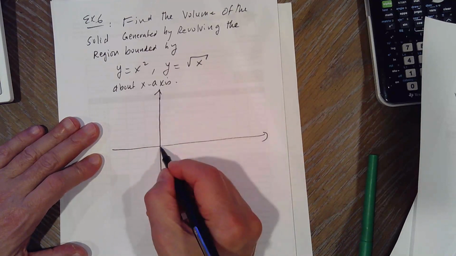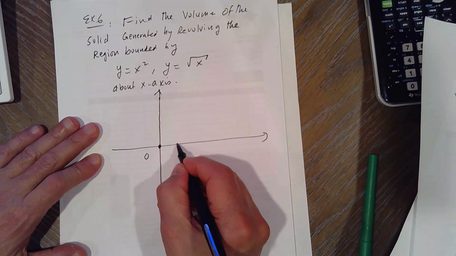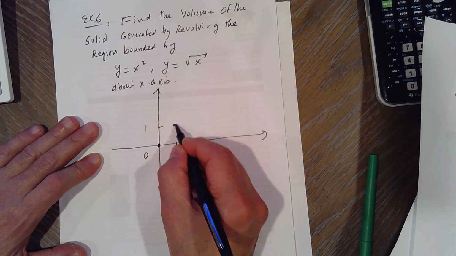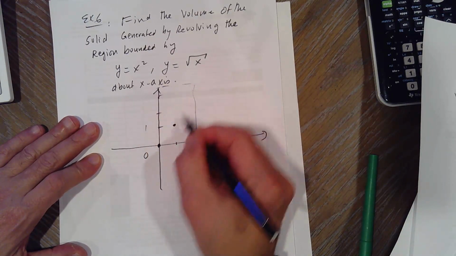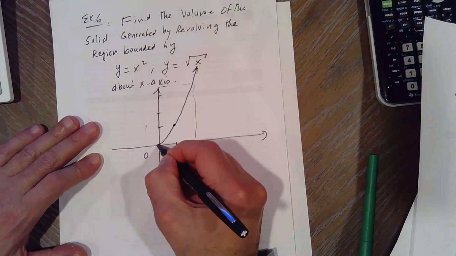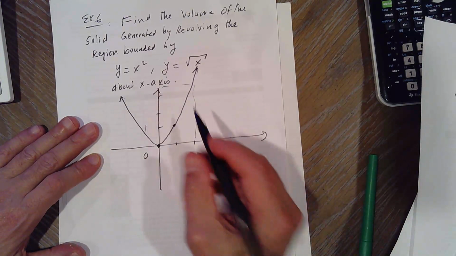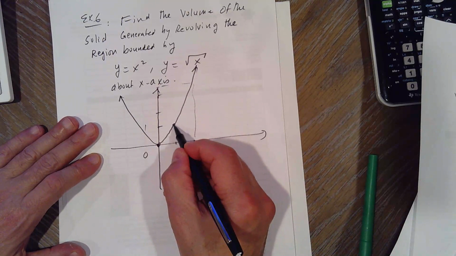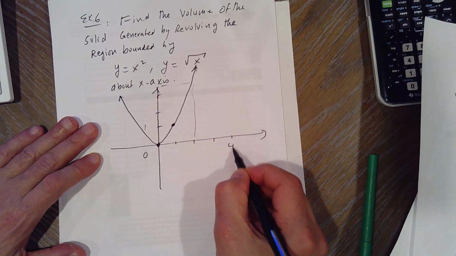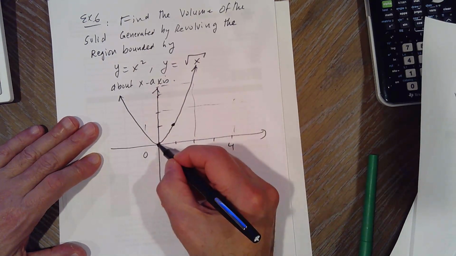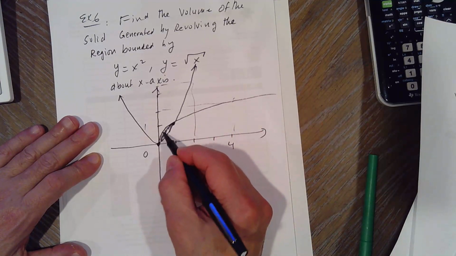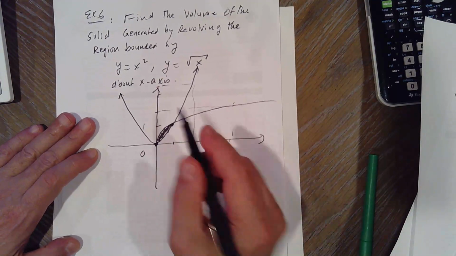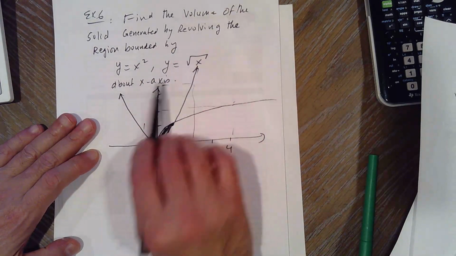So this is y equals x squared, and then y equals root x. So this is the region they're talking about, and we want to revolve it about the x-axis.